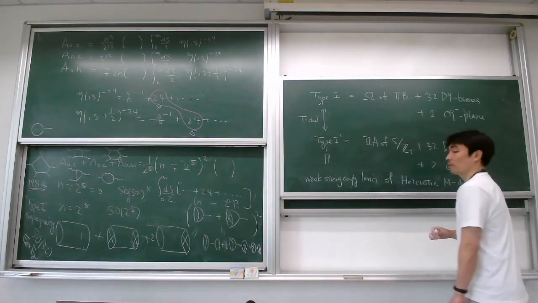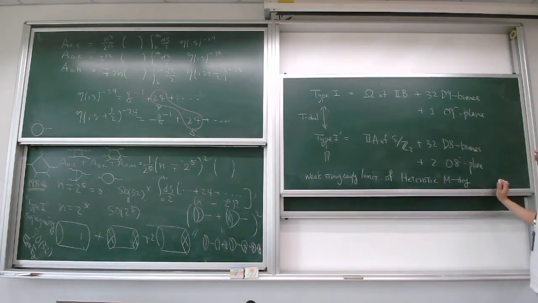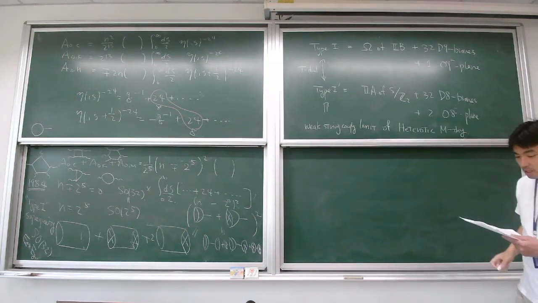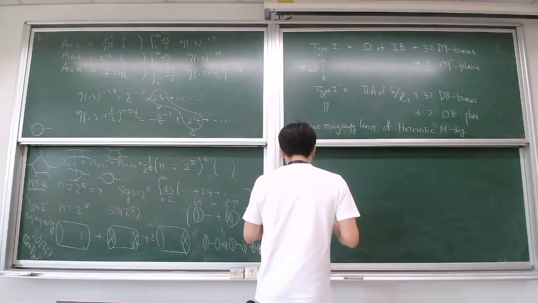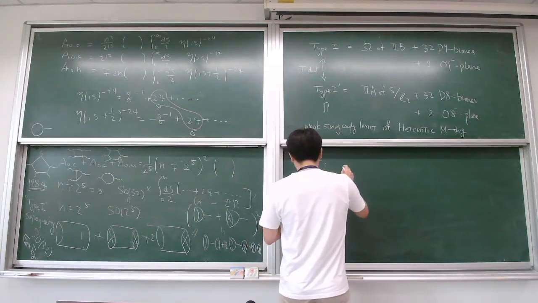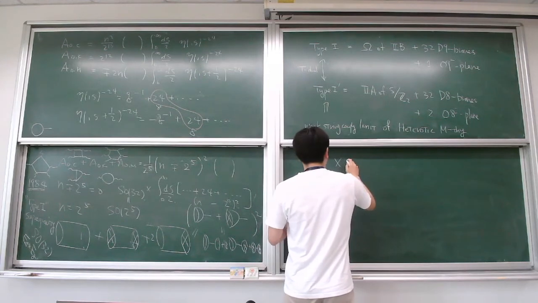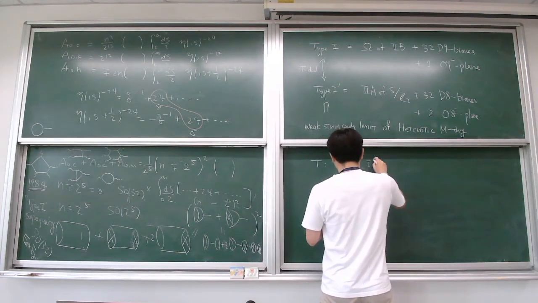So therefore, it's very important to consider the T-dual of the type 1 theory. That's called type 1 prime. So let's consider T-duality and the type 1 theory. So the T-duality acts on X(z, z bar).